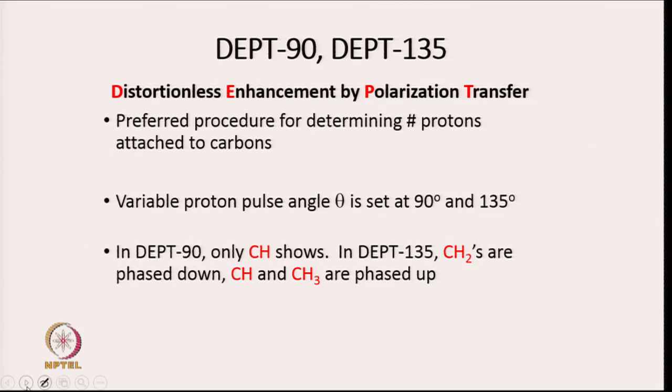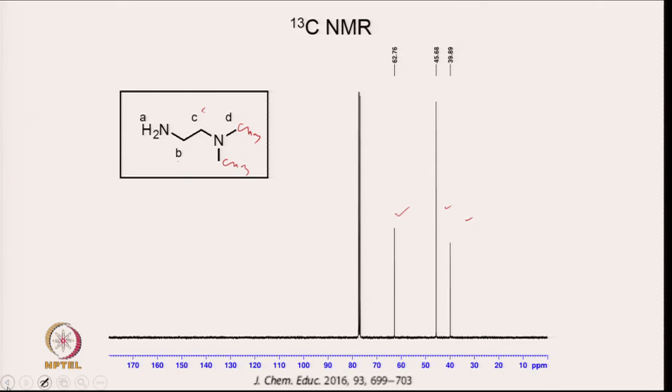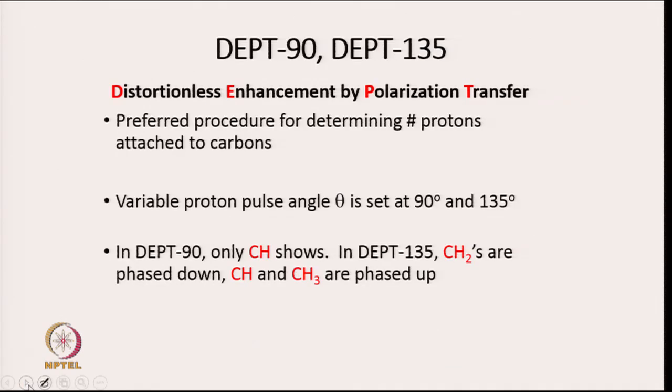Now, if we want to know which of these carbons gives you this peak, we need to do another experiment called DEPT experiment. DEPT experiment can be of 2 types, DEPT 90 and DEPT 135. DEPT stands for distortionless enhancement by polarization transfer, and it is a preferred method for determining the number of protons attached to carbons.